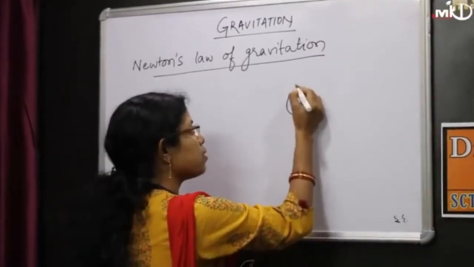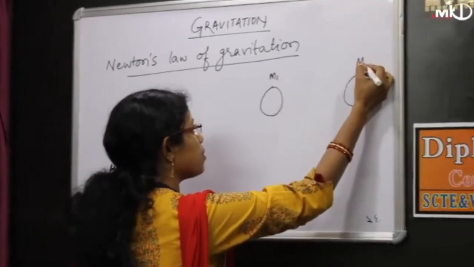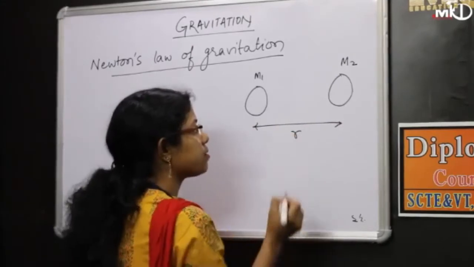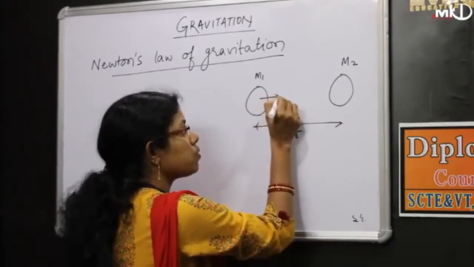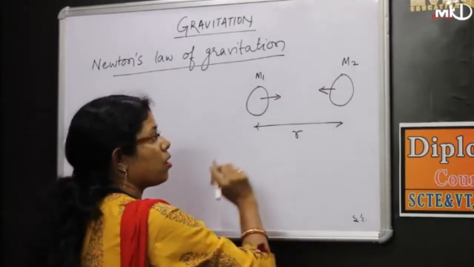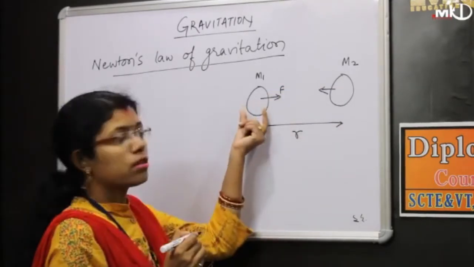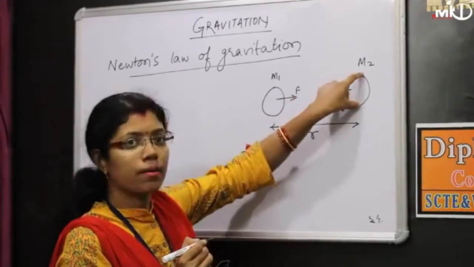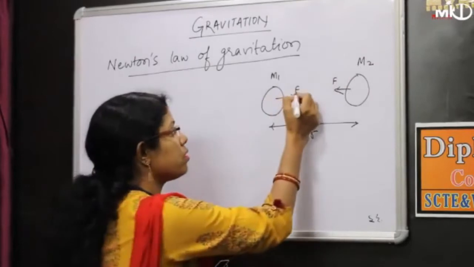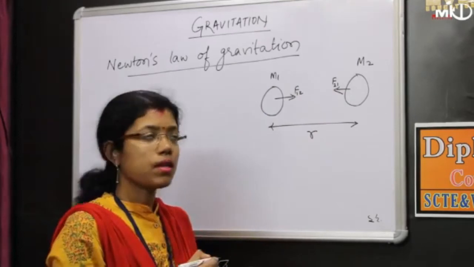Suppose we consider two masses m1, m2 placed at a distance r. The force due to mass m1 will act on m2 and due to m2 on m1.